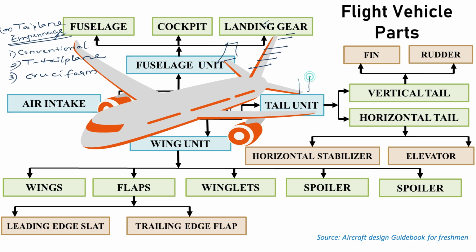What is this configuration called? Here there will be nothing, only both the sides will have it. It looks like an H, so it is known as an H tail plane.